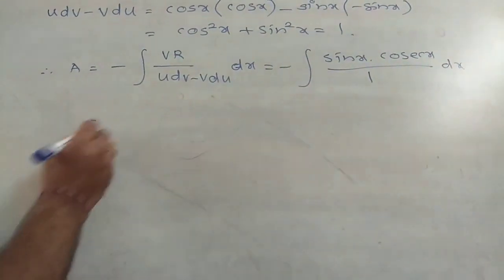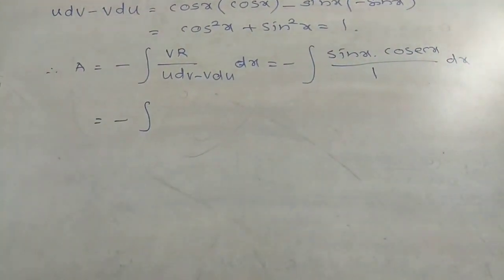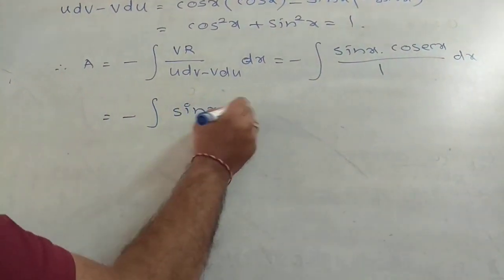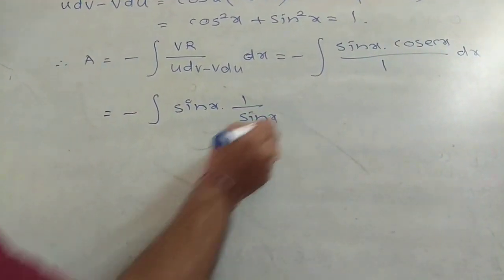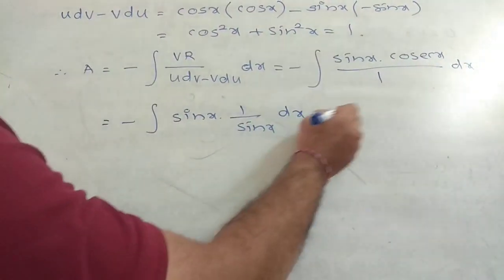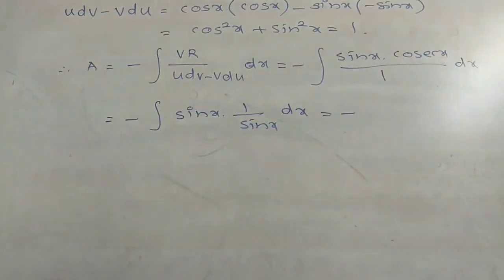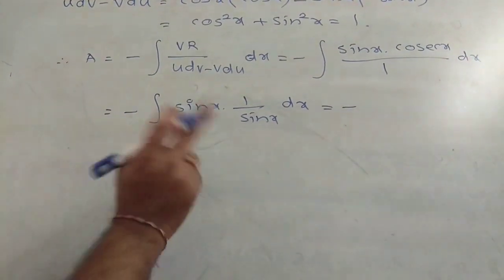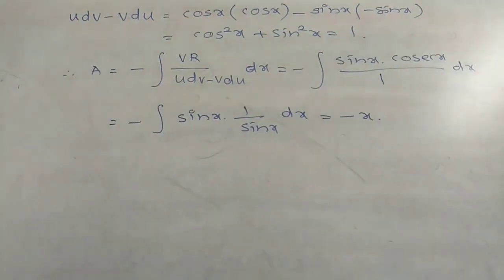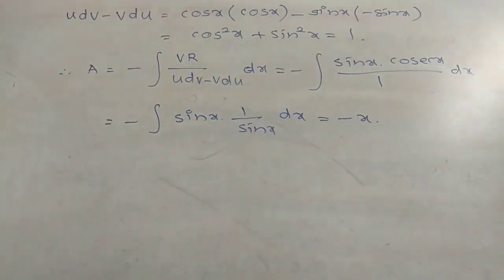So now this is equal to minus integral of, what about cosec x formula? It is nothing but 1 divided by sin x, divided by 1 is as it is, and it is of dx. So minus sin x is cancelled, integral of 1, that becomes x. So finally you are getting the answer is minus x. That is your A value.